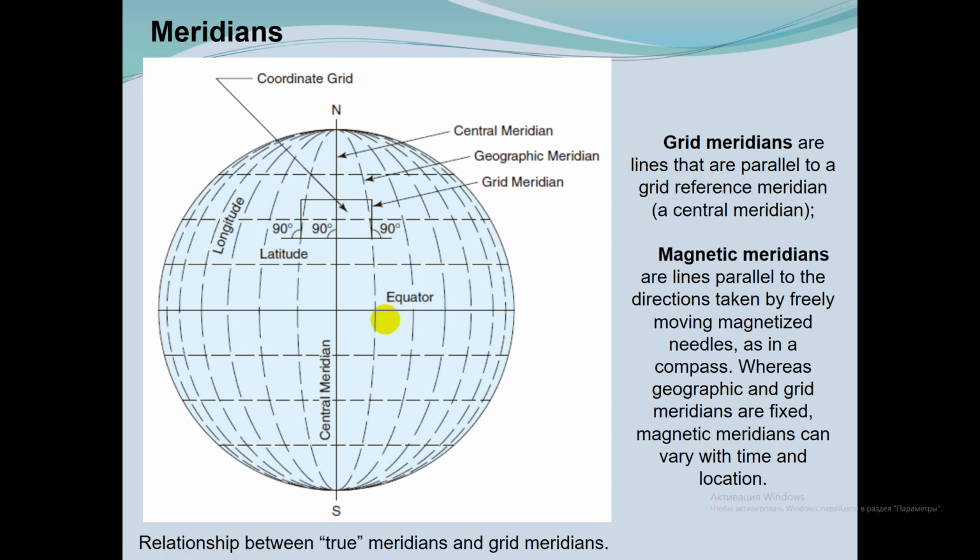A line on the surface of the Earth joining the north and south poles is called a geographic, astronomic, or true meridian. The figure also illustrates that all geographic meridians converge at the pole.